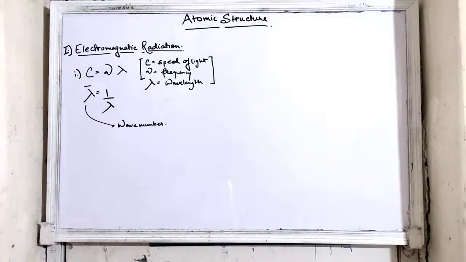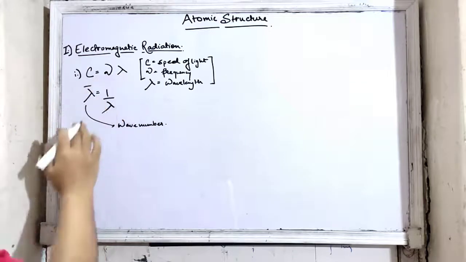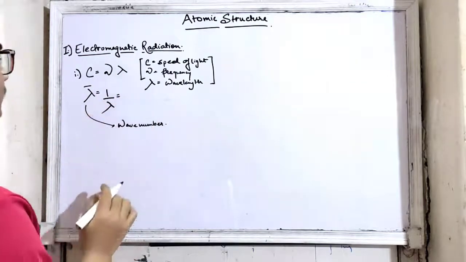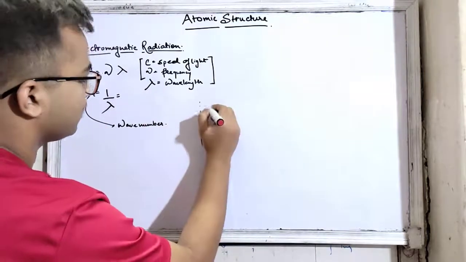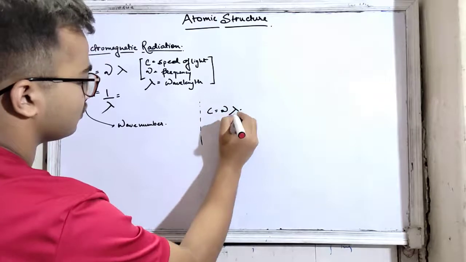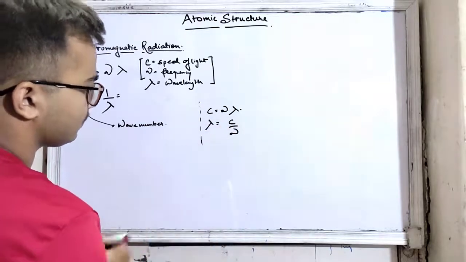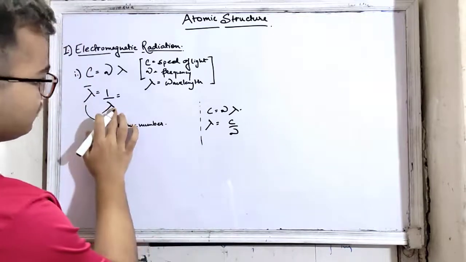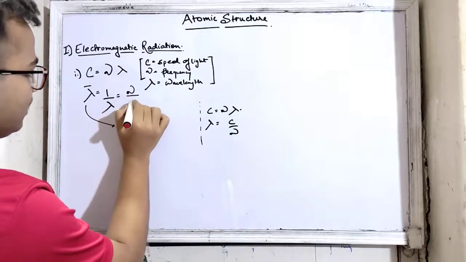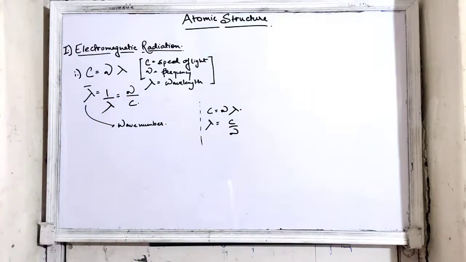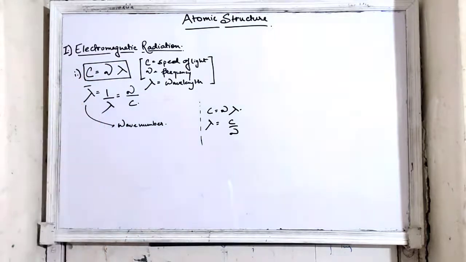I am just doing this for your understanding. c equal to nu lambda, so lambda becomes c by nu. Taking the reciprocal, it becomes nu by c. But the main formula is this one, c equal to nu lambda.